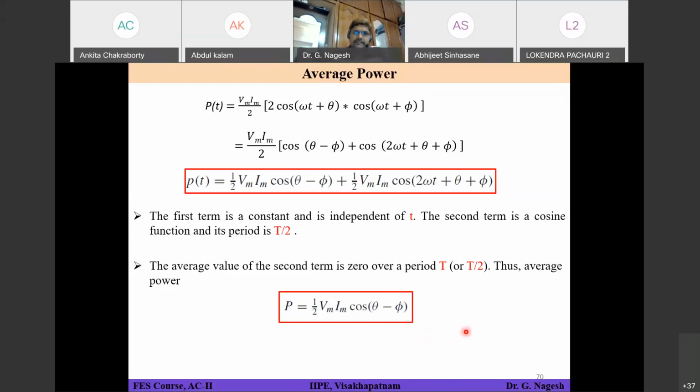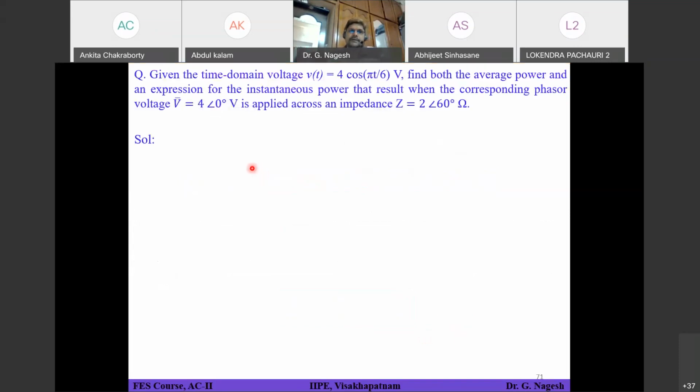So let's see one example based on this. Given the time domain voltage v of t equals 4 cos of pi t by 6 volts, find both the average power and an expression for the instantaneous power that result when the corresponding phasor voltage, V equals 4 at an angle of 0 degrees volts, is applied across the impedance 2 at an angle of 60 degrees.